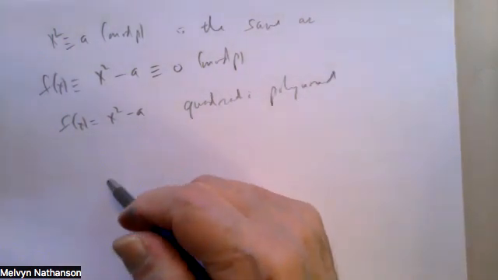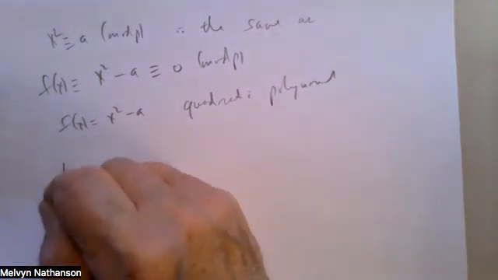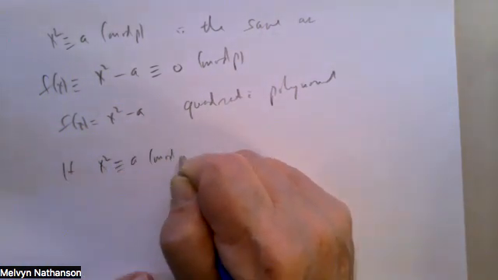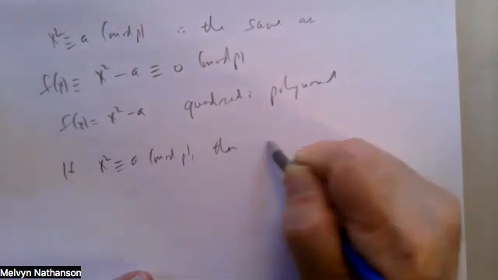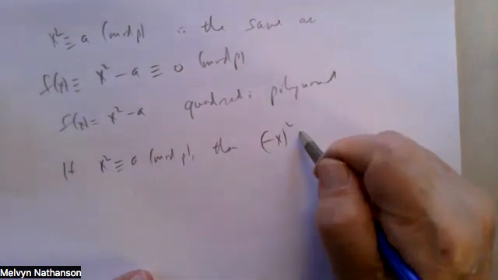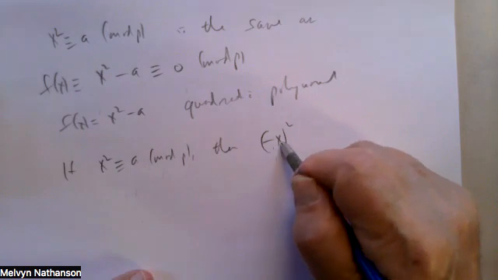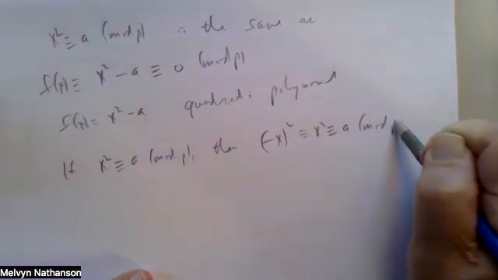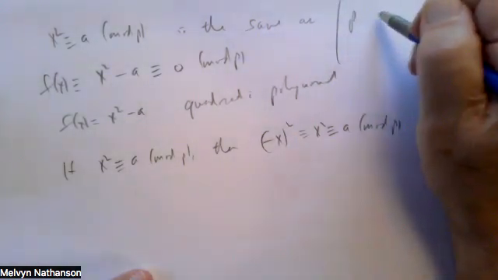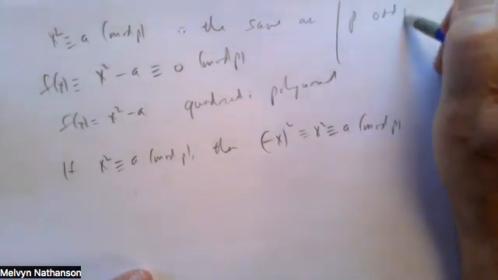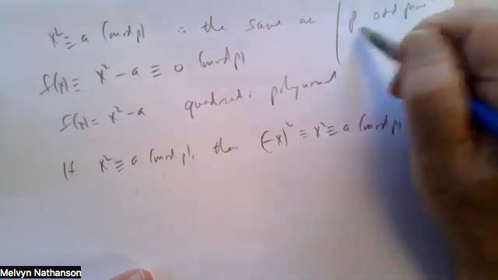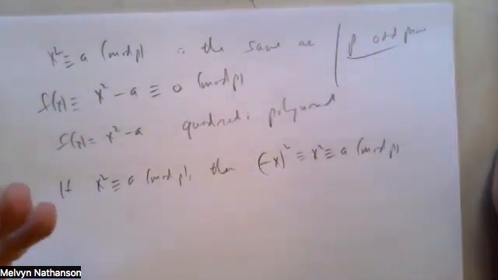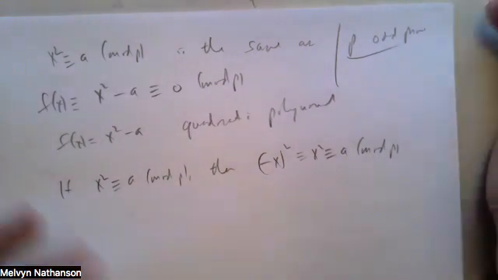And we can make two quick observations. If x squared is congruent to A mod P, then if you square minus x, you get x squared, which is also congruent to A mod P. We're only looking at P an odd prime, because when P is equal to 2 there's nothing to say: 1 squared is 1, so 1 is a quadratic residue.